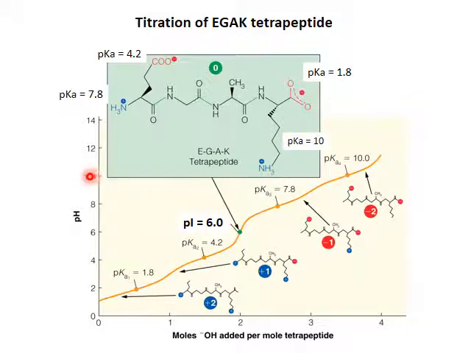Extrapolate back to the y-axis. At the full equivalence point, you completely titrate away that particular proton of that group. And so this would be your completely titrated proton for your group 1, 2, 3, and 4.